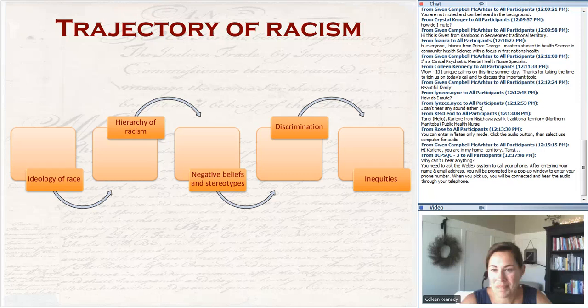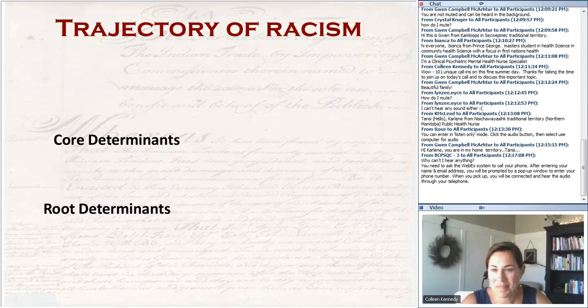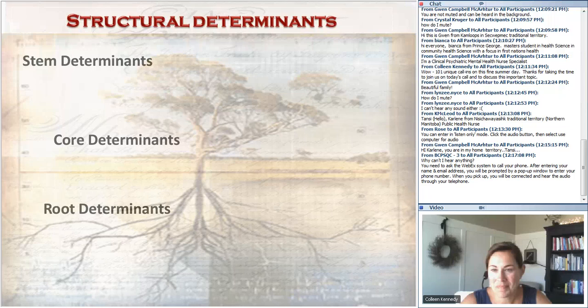So if we go to the next slide, me and my colleagues, a lot of folks around the world, have been working on these social determinants of health, this business of trying to figure out why some people are healthier than other people. The determinants of health are those things usually in the social environment.